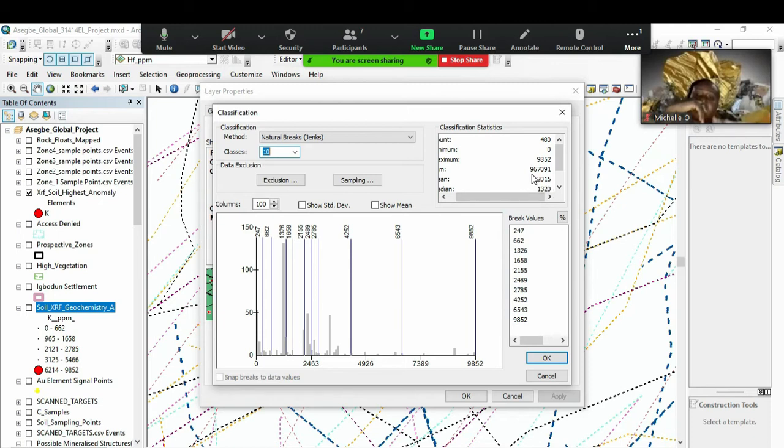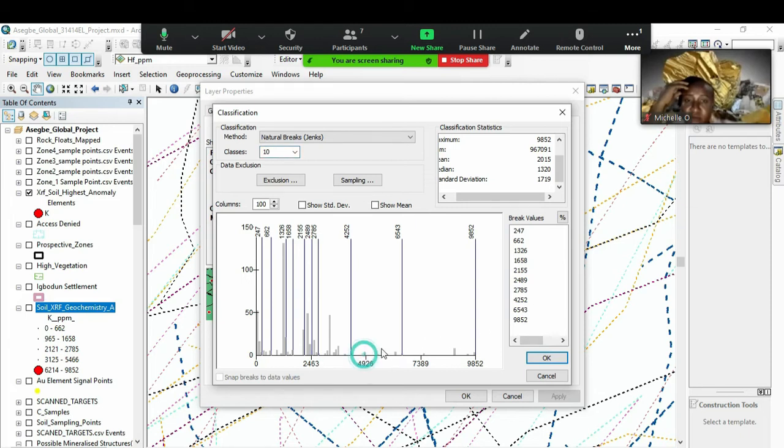If you look at this, you can see that your mean here is 2000, thereabout, and you have your standard deviation to be 1700. Give and take, we are talking about 3700. So from here, 4926, you can see there's a break.